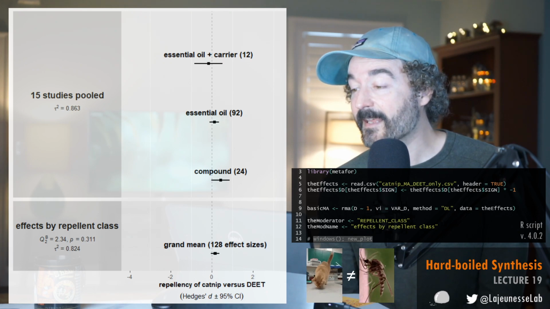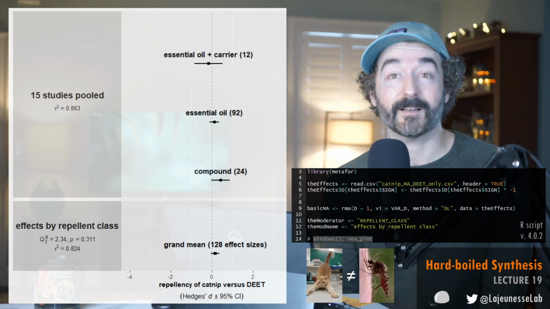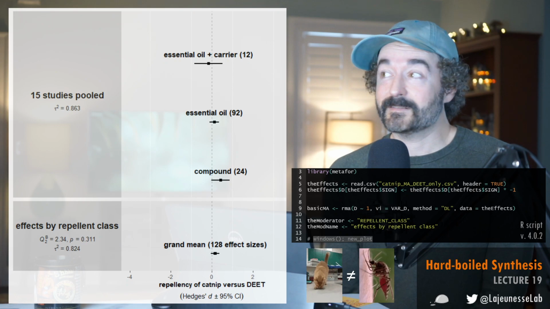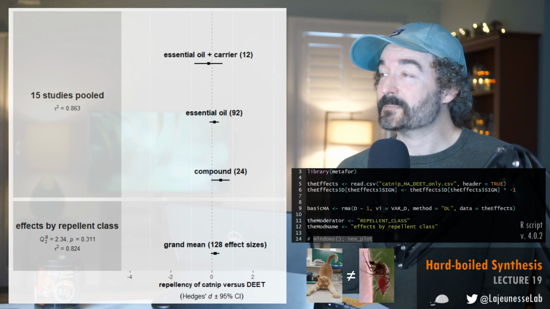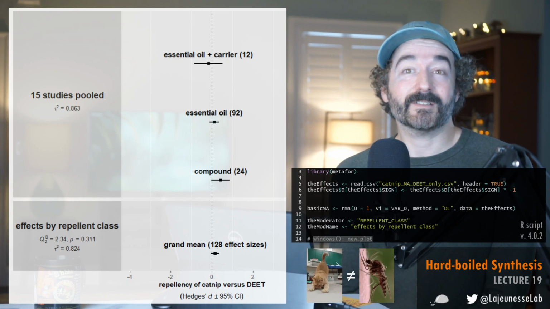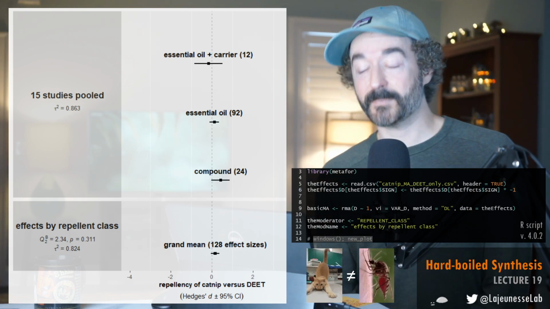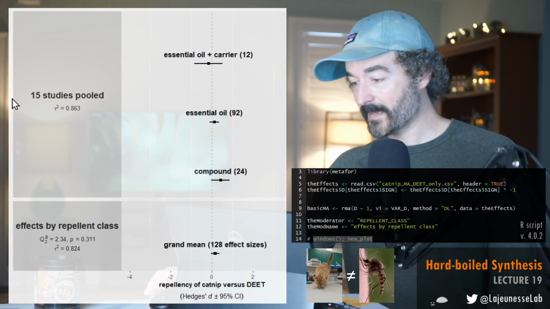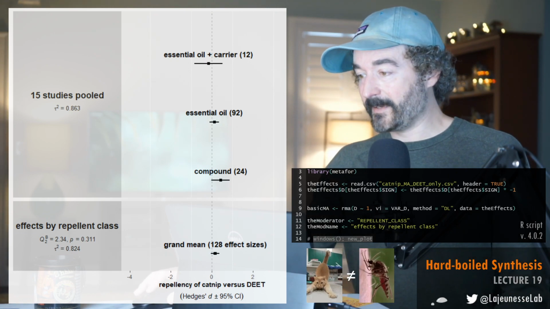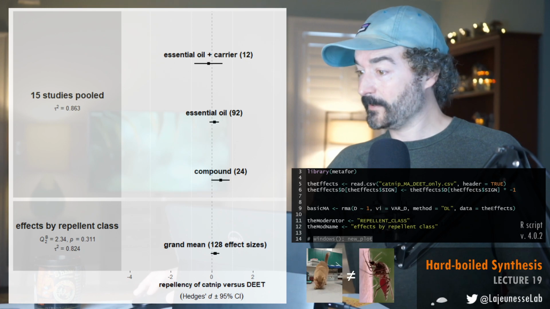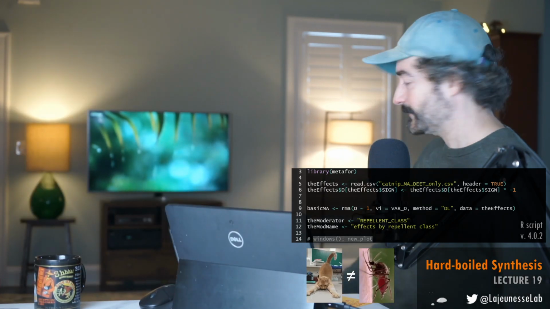So I can't simplify my data set, because these small groupings actually do have important effects in predicting the efficacy of catnip. All right. Well, I'm just going to leave it at that.